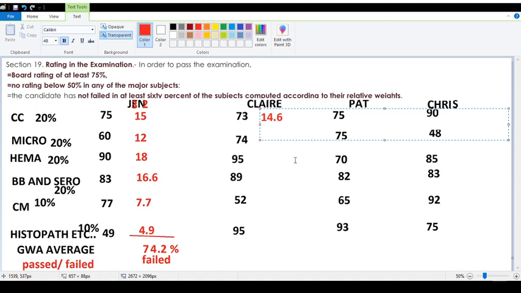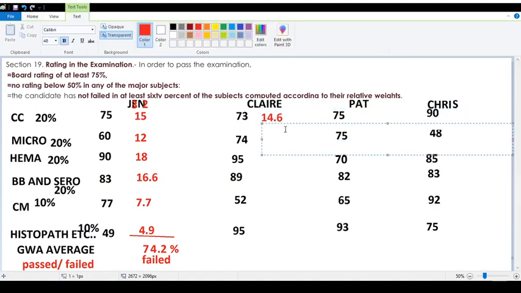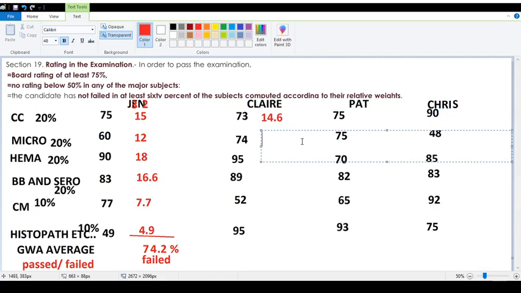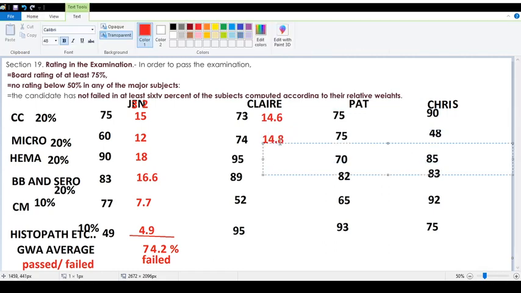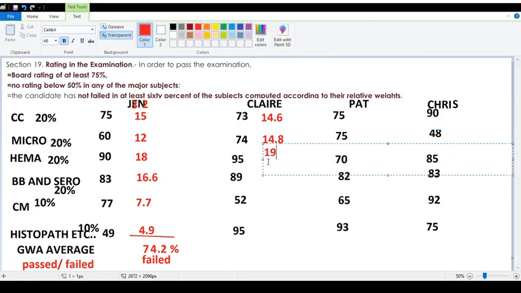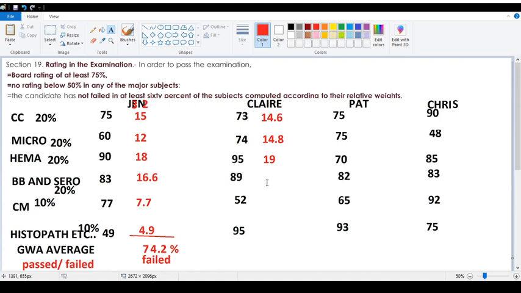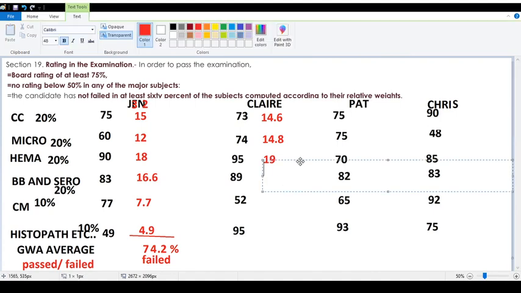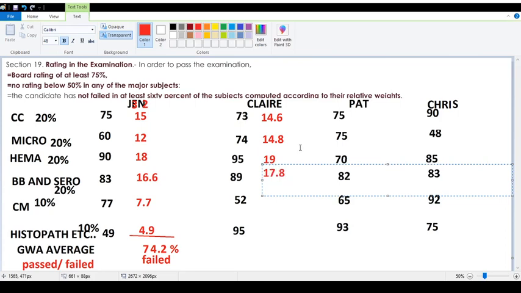Okay, so we also have here 7.4 times 2, that is 14.8. 9.5 times 2, that is 19. 8.9 times 2, that is 17.8. Okay, 9 times 2, that is 18.